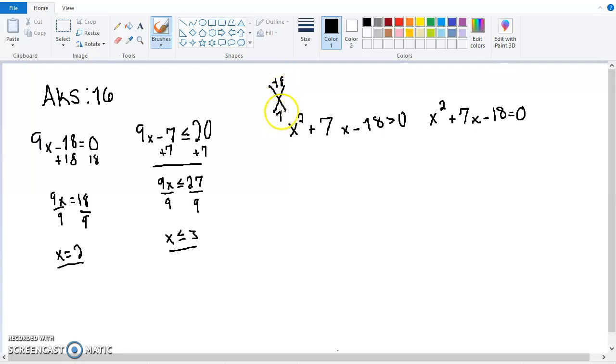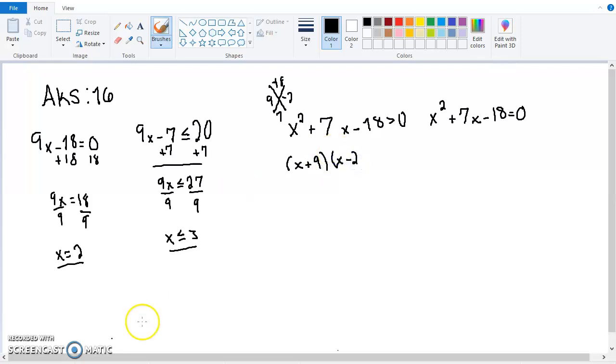You need two numbers whose sum is 7 and whose product is negative 18, and that'll leave you with 9 and negative 2. Then you want to write them down in parentheses: x plus 9 and x minus 2.